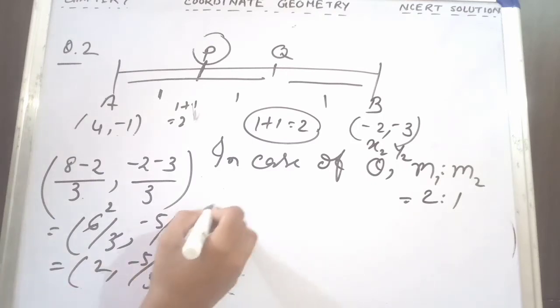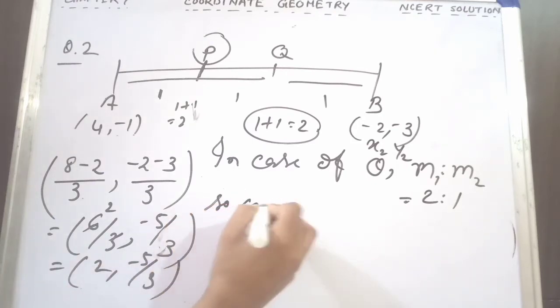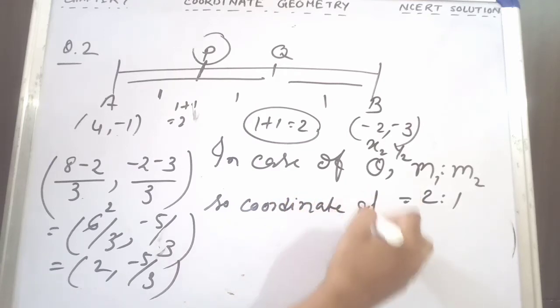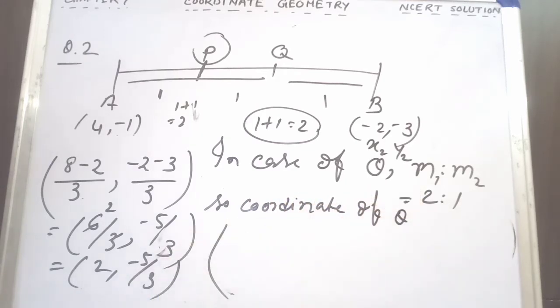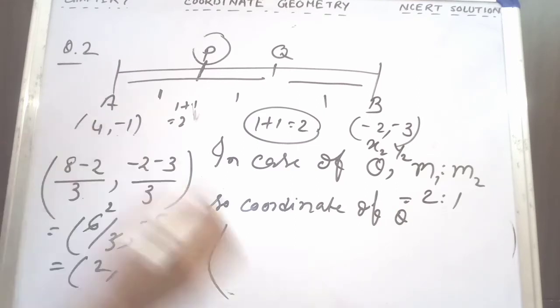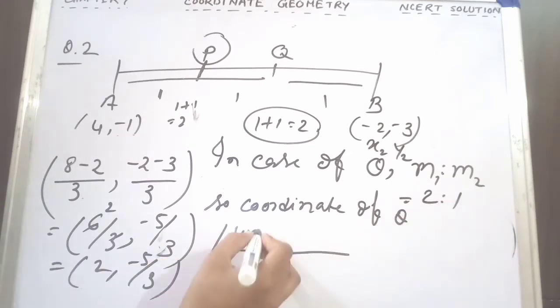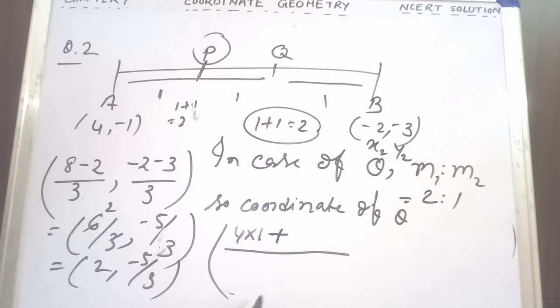So coordinate of Q, x1 that means 4, x1 into m2 that means 1 plus x2 that means minus 2 into m1 that means 2 by m1 plus m2 that means 3.